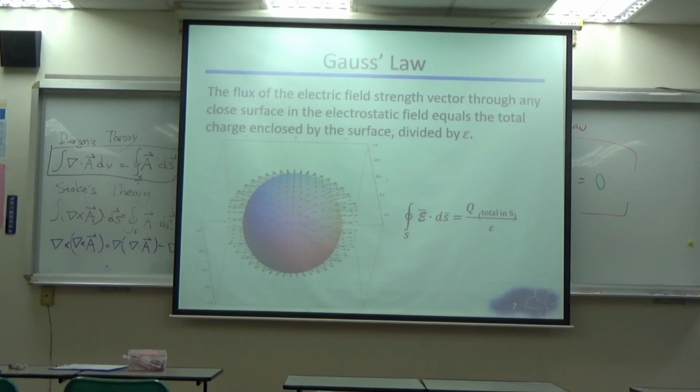If you take the surface integral of D, we can use time harmonic D, it's fine, with dot dS. This is a closed surface like this picture. It will equal how many charges are inside this area.